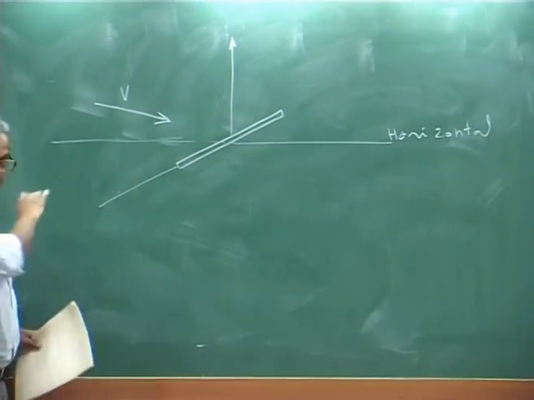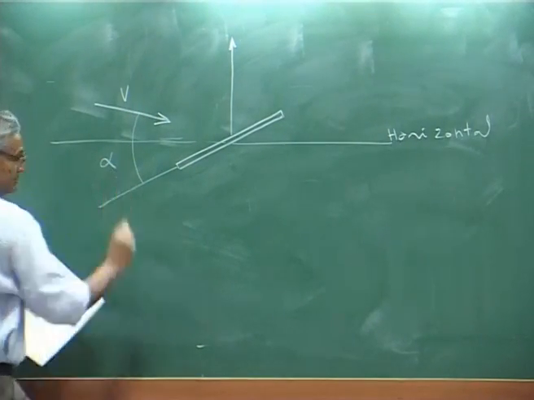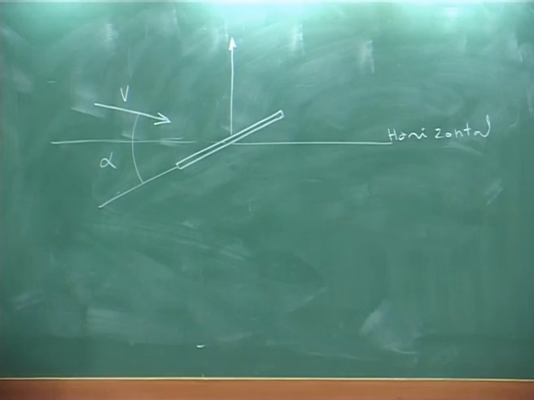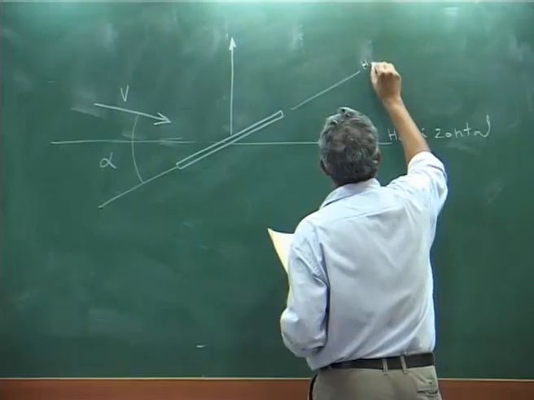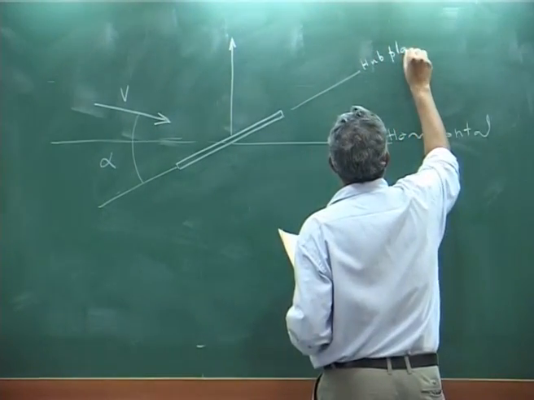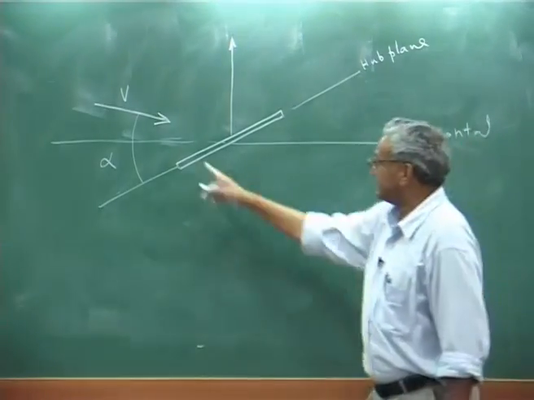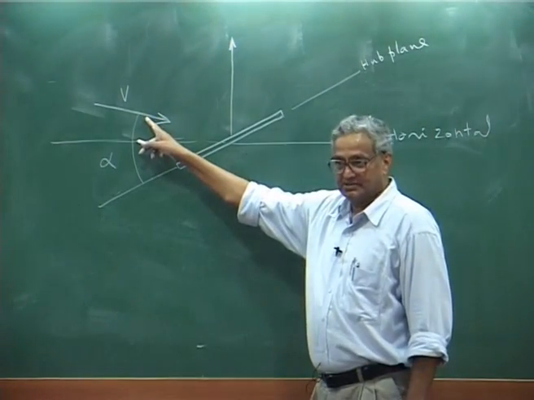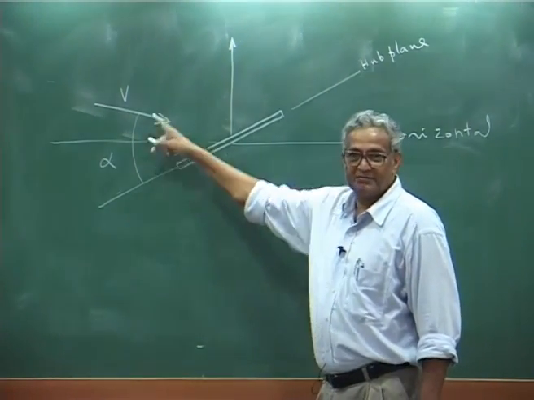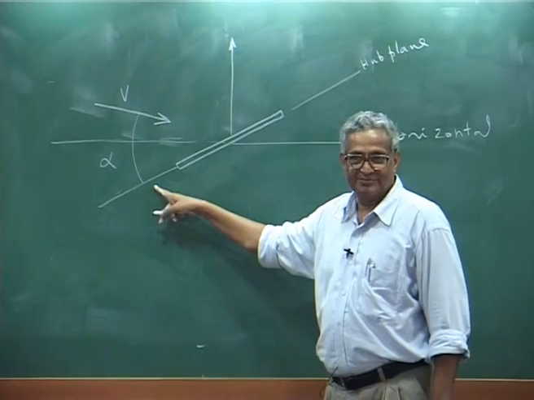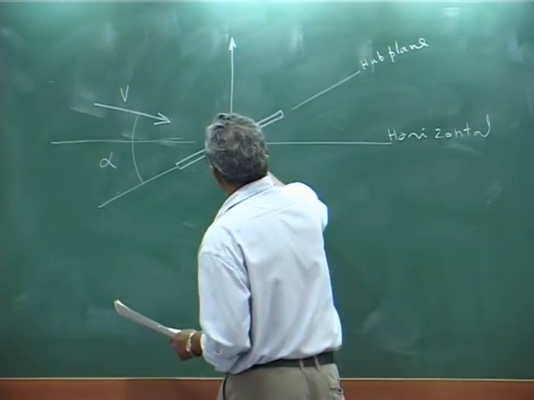This is the horizon. Now, this angle is alpha, because as per our definition, this is the hub plane. So, this is my oncoming velocity with respect to the hub plane, V cosine alpha, and that is how I define my mu.